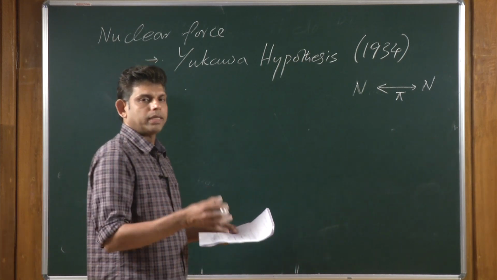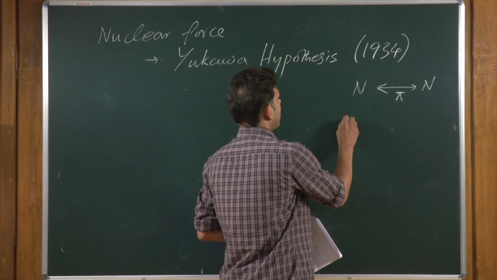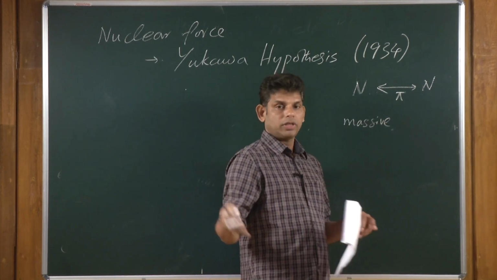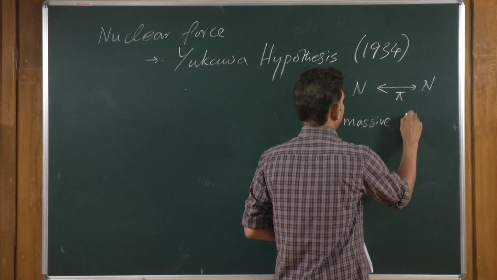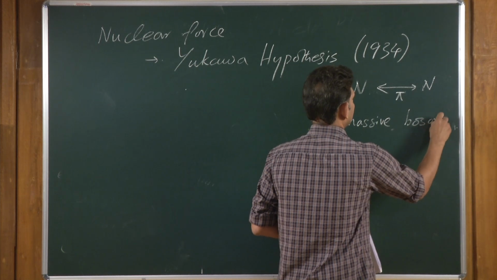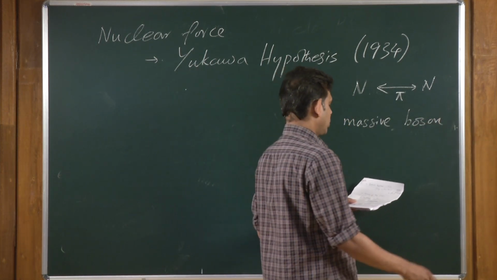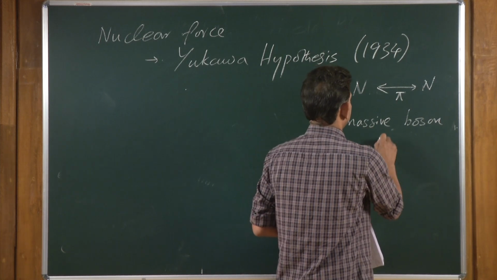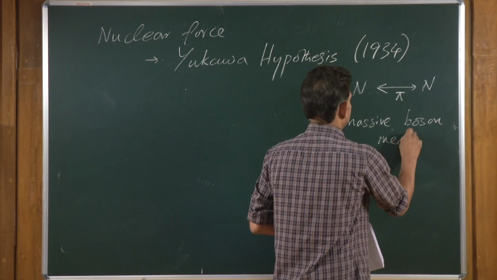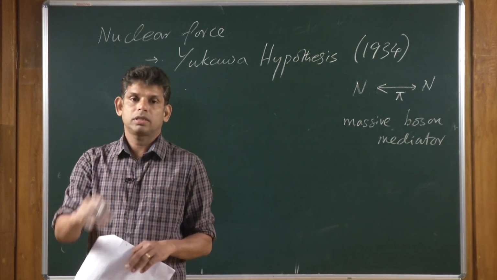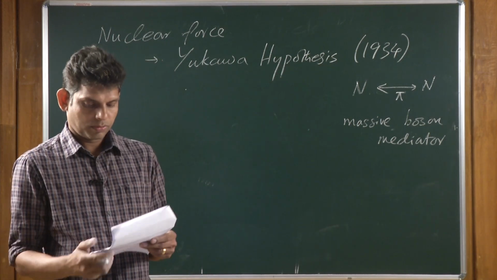So, he predicted the existence of massive, they have to have mass, we will come to some of the details later, massive bosons. Bosons are integer spin particles. So, massive bosons mediate the strong nuclear force, that is in essence Yukawa's hypothesis.